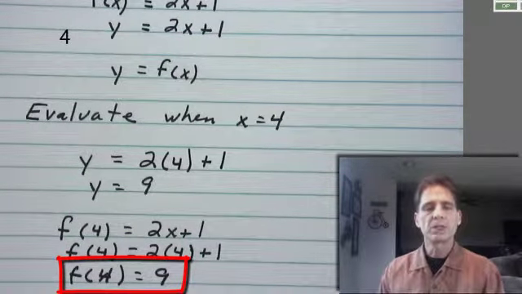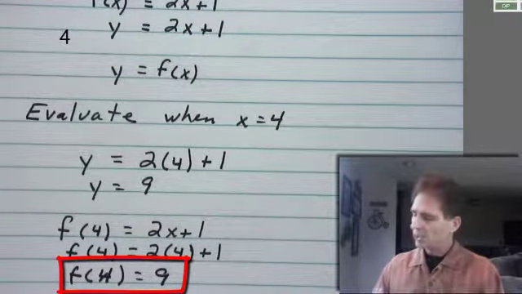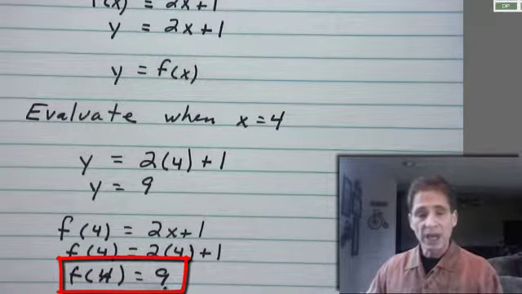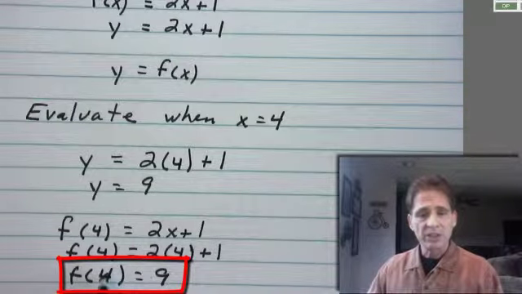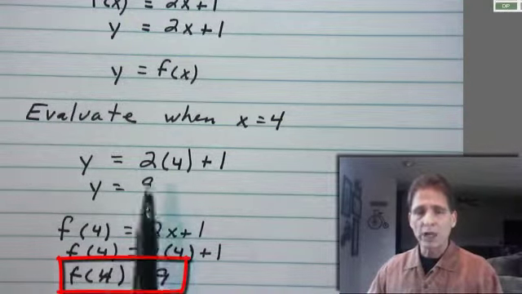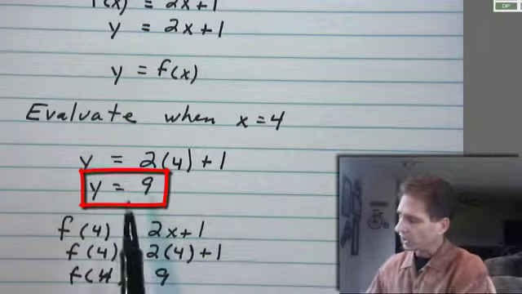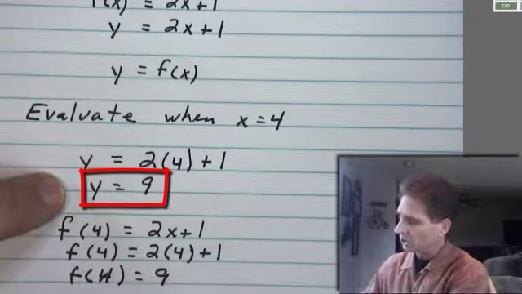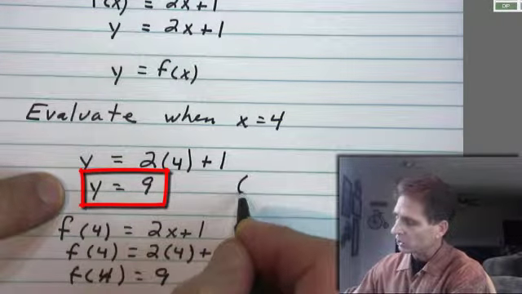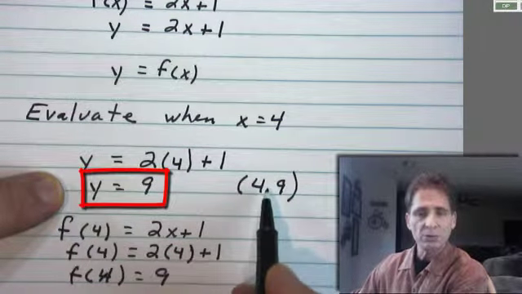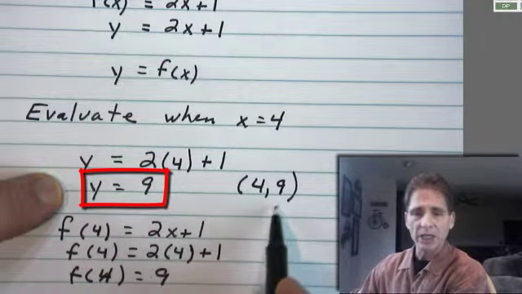Now notice this tells me a little bit more information. It tells me that I plugged 4 in and got the value 9 as output. So this is the input, this is the output. When I just used y equals, my answer was right here, y equals 9. That does not tell me as much information. I would have to write an ordered pair to tell me more information: plug in the input of 4, we get the output of 9.